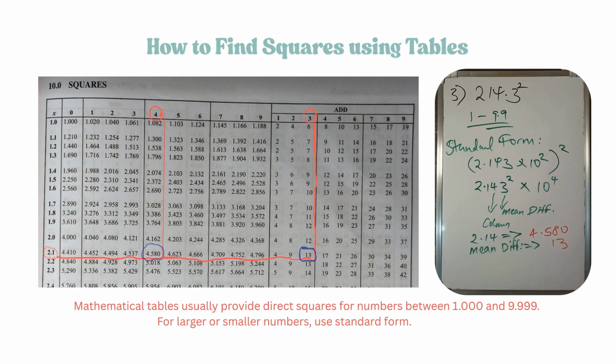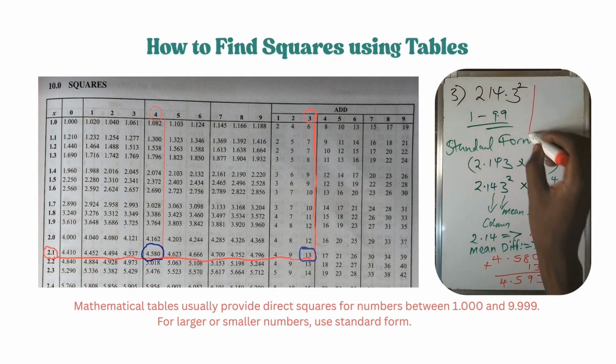So let's add the mean difference to our value. That will be 4.580 plus 13, which gives 4.593.